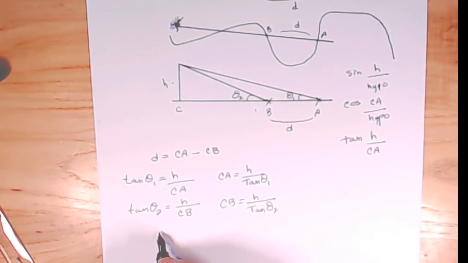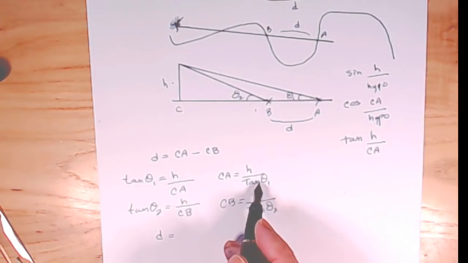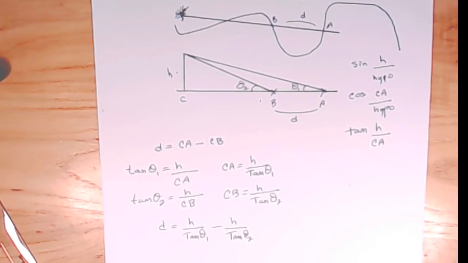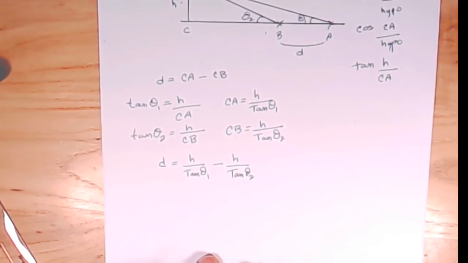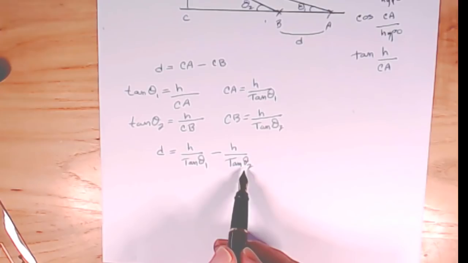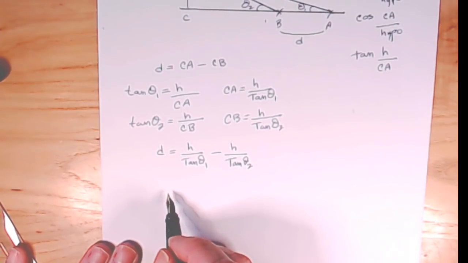So d will equal CA, which is h over the tangent of angle 1, minus CB, which is h over the tangent of angle 2. Well, let's see if we can make this a little bit more useful. Now, one of the problems that we run into is that we have different denominators here. So if we cross multiply, we can get the same denominator.